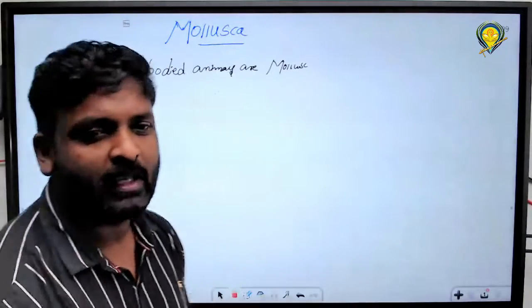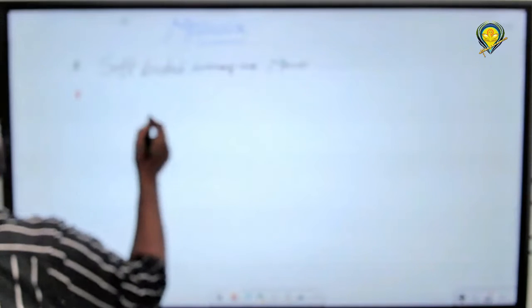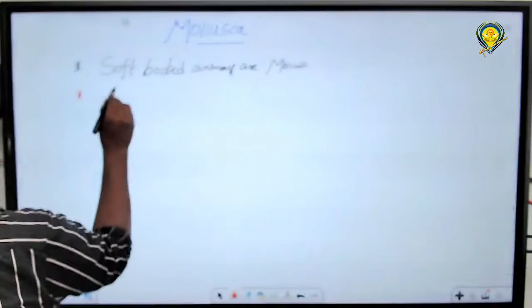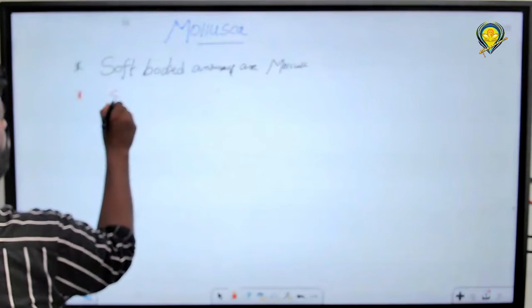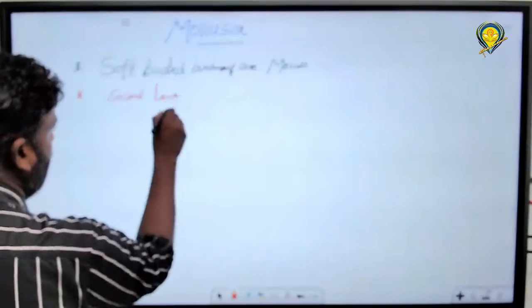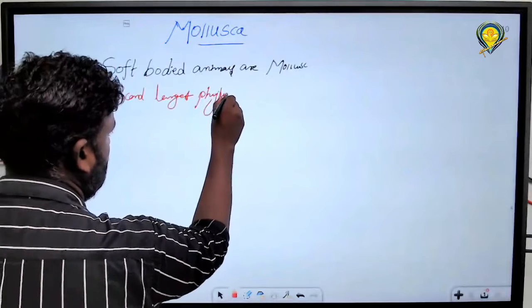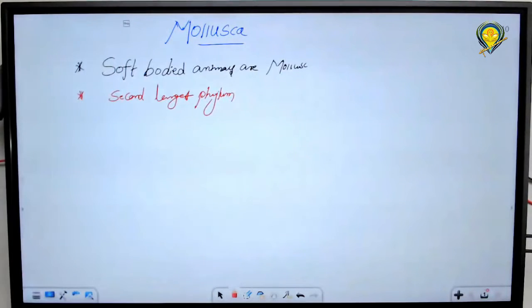Second largest phylum in the kingdom Animalia. Very good. With a large number of species after Arthropoda, right? So the fact is about the second largest phylum in the kingdom Animalia.